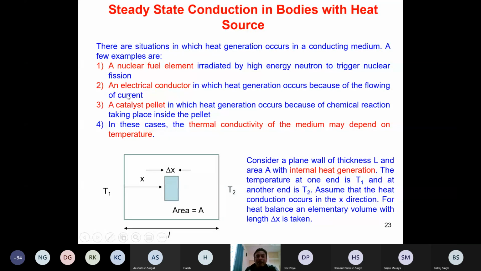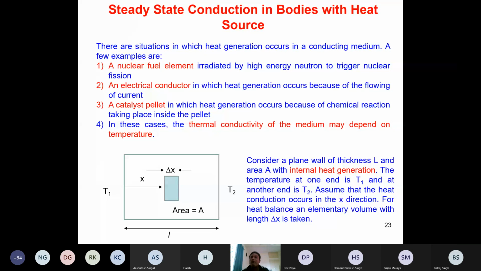Another case could be the example of the electrical wire. Generally a metal wire is there, and outside of this metal wire there is an insulator. If you look at this metal wire, the current is flowing through it, and even though the metal is a good conductor of electricity, it will also have some resistance, and because of this resistance the heat will be generated inside the metal wire, and this heat will be dissipated in a radial direction.